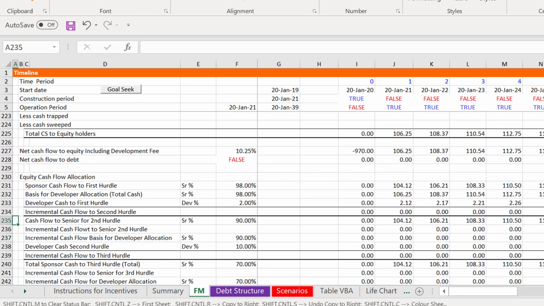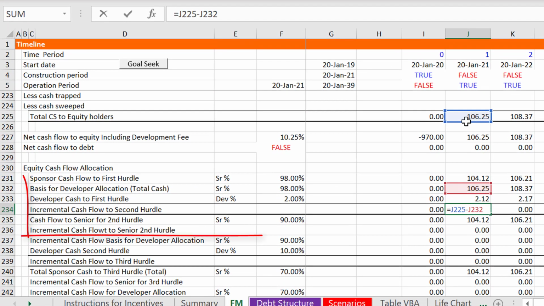Okay, so let's look at the second hurdle. The first thing you do is you say, okay, here's the total equity cash flow we have. Let's look at perhaps the next one. And we take the total minus this basis amount, not the amount the senior gets, but the total minus how much we get.